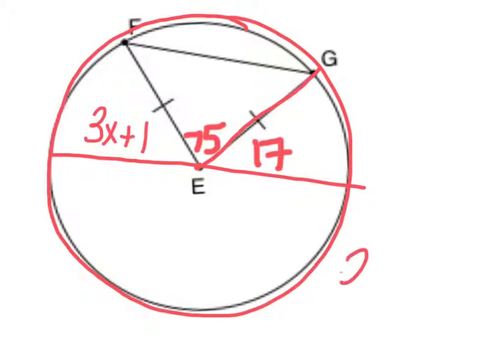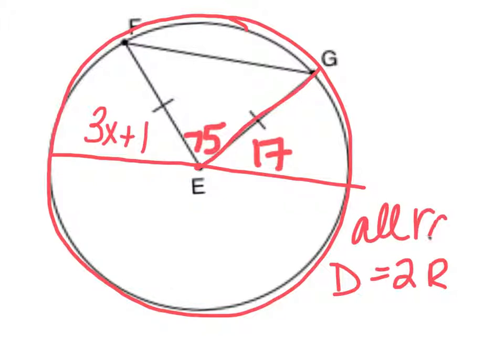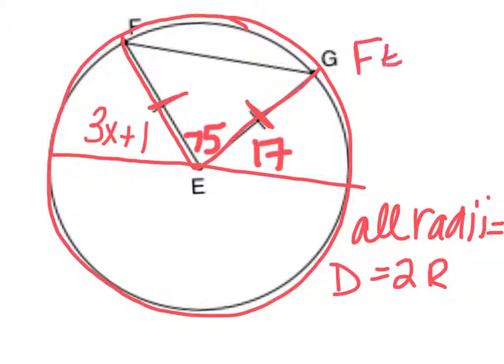A diameter is 2 times the radius, and all radii are equal. So you see that FE and EG are congruent. That means the measure of FE equals the measure of EG.